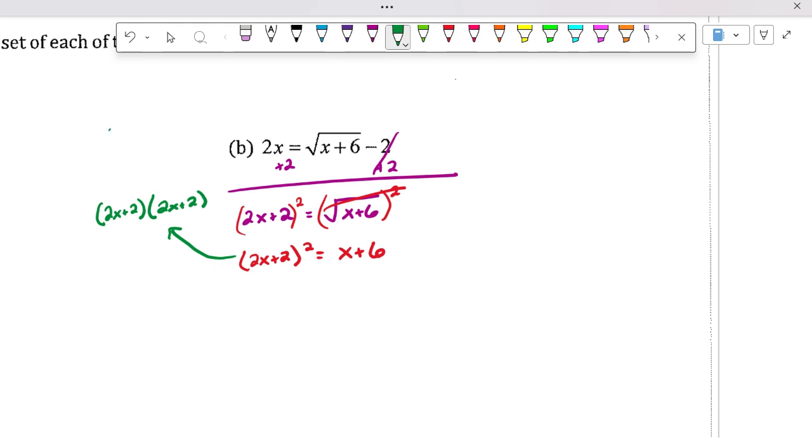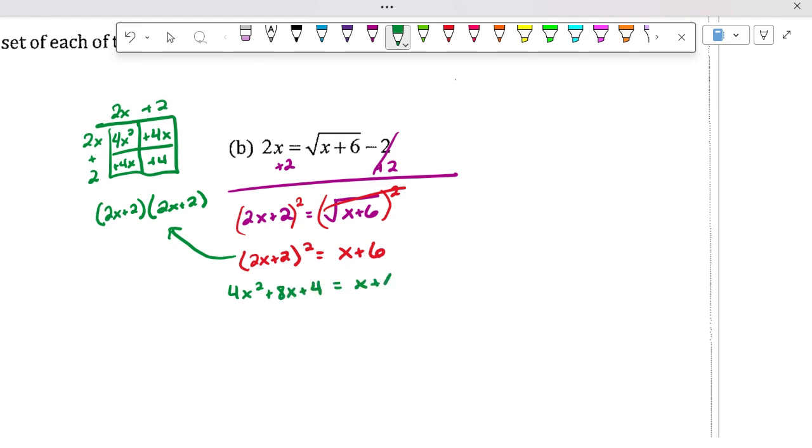Box method. So if I do a quick box, 2x plus 2, 2x plus 2. 4x squared plus 4x plus 4x plus 4. So this would be 4x squared plus 8x plus 4 is equal to x plus 6.